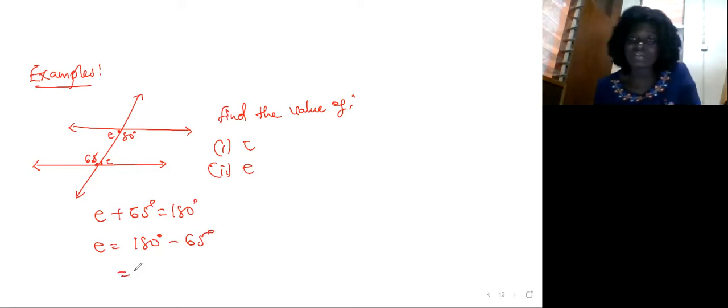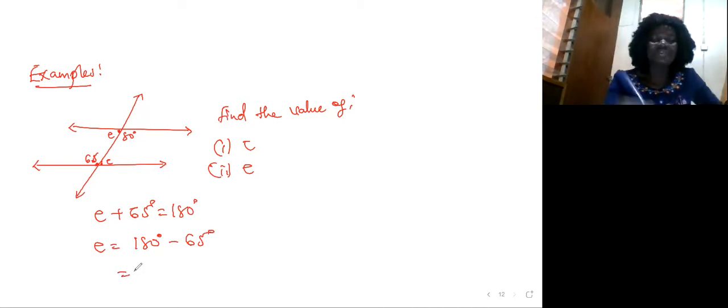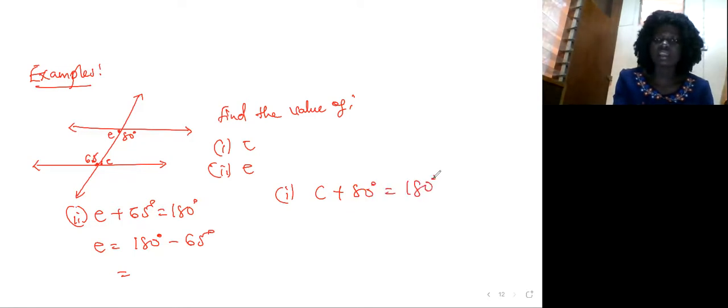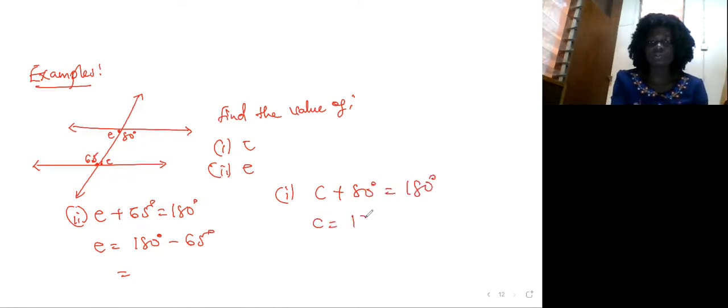Then for the other part of the question, C plus 80 degrees should give us 180. So C is equal to 180 minus 80. And I believe with this simple simplification, you can find the answer. Okay, let's move to the next one.